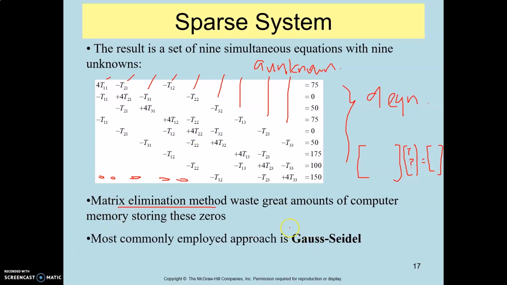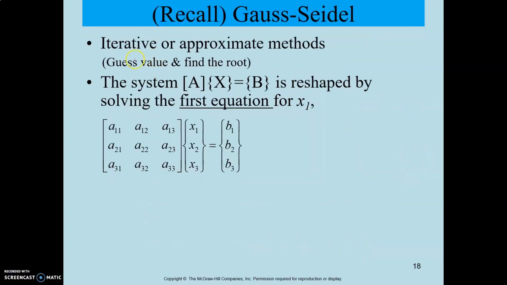So in this case, we will introduce a new method to solve this, which is the Gauss-Seidel method. The Gauss-Seidel method is an iterative method. Okay, it needs a guess value to find the root. So in this case, you have a matrix AX equal to B, where our unknown is the temperature T here, right?